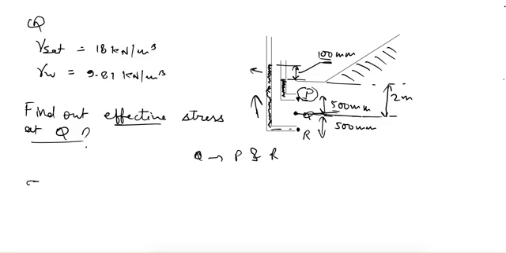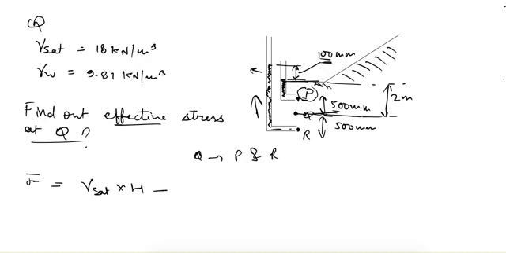In that case, we know that the effective stress decreases. So how is the effective stress given? Effective stress is gamma saturated times height. From this ground level, this height is 2 meter.